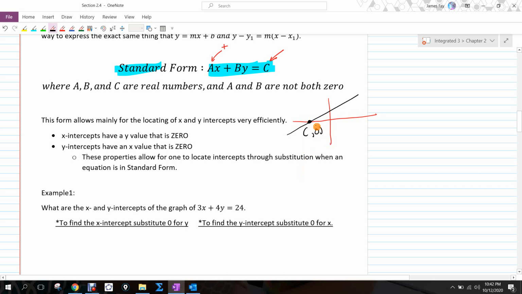And that's critical for what standard form is going to allow us to realize. If I look at my y-intercept, and we've already dealt with a lot of y-intercepts, our x value is 0, and our y value then is some other number. So that relationship is really nice for us working in standard form, because through substitution we can find those x-intercepts and y-intercepts very easily.